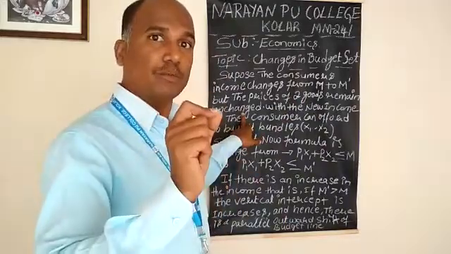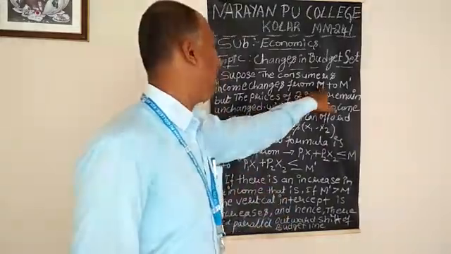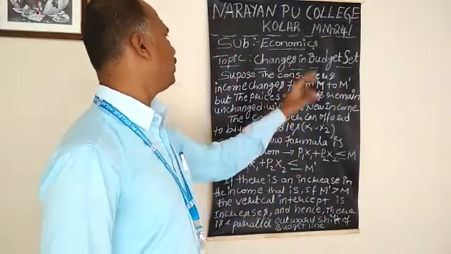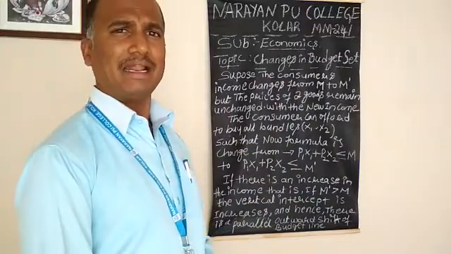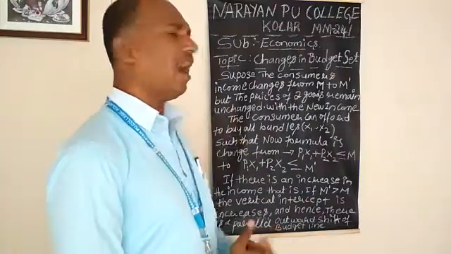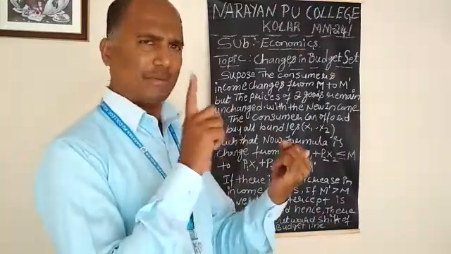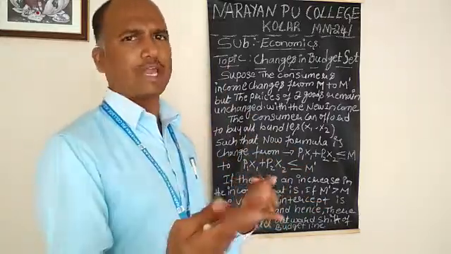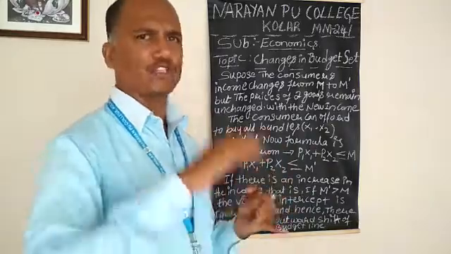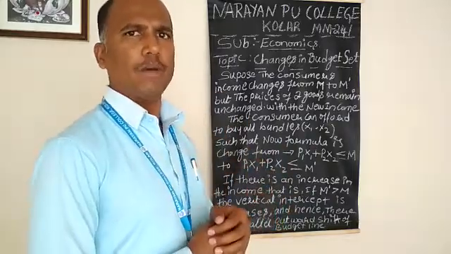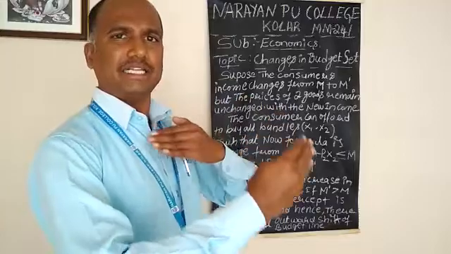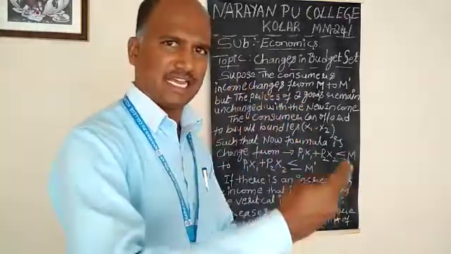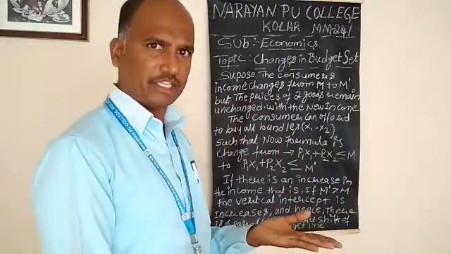Only the income of the consumer changes from M to M dot. With the new income, the consumer can afford to buy bundles of the two goods, namely X1 and X2. You can assume X1 is banana and X2 is mango. So the budget set equation also changes.